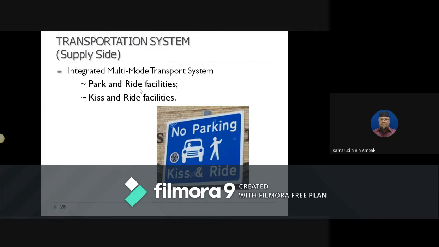The first one, park and ride: we drive our vehicle, we park at the facilities, and we change our mode of transport. But with kiss and ride, our family, our spouse, our sibling sends us to the facilities nearby, or just to any nearby location for urban transport facilities.